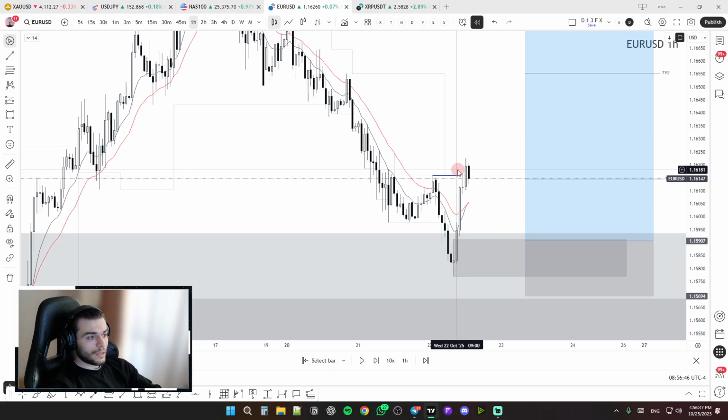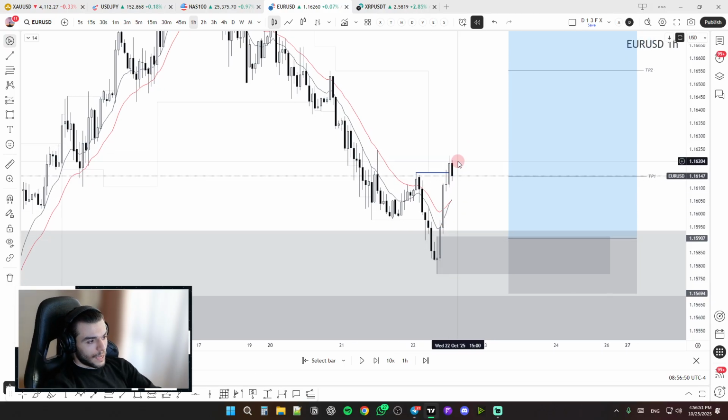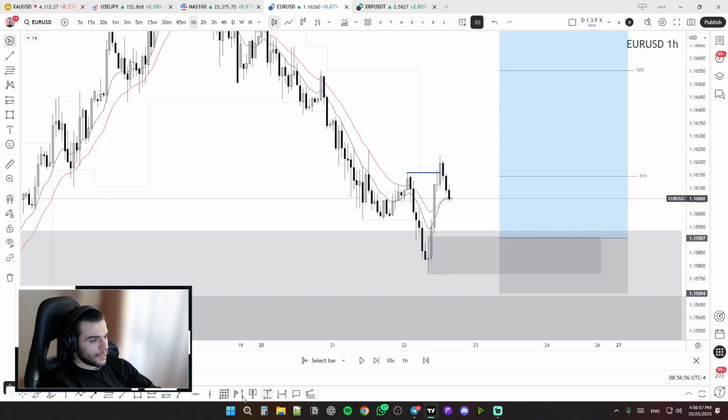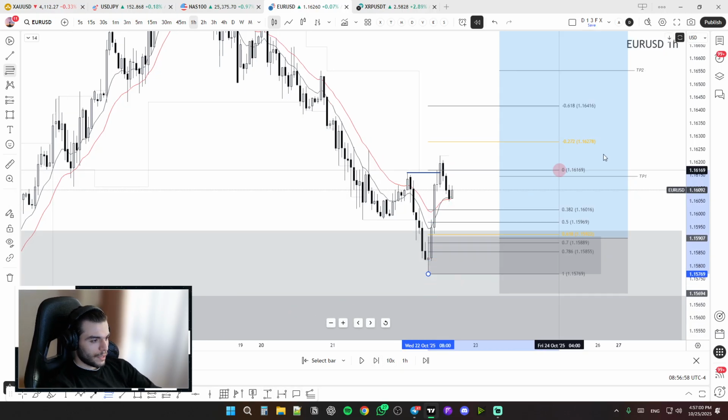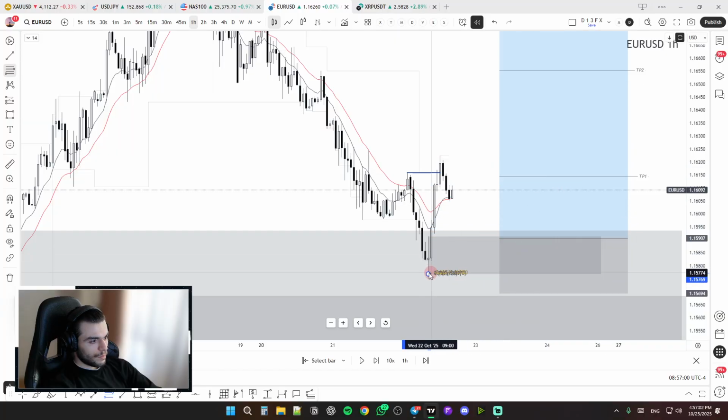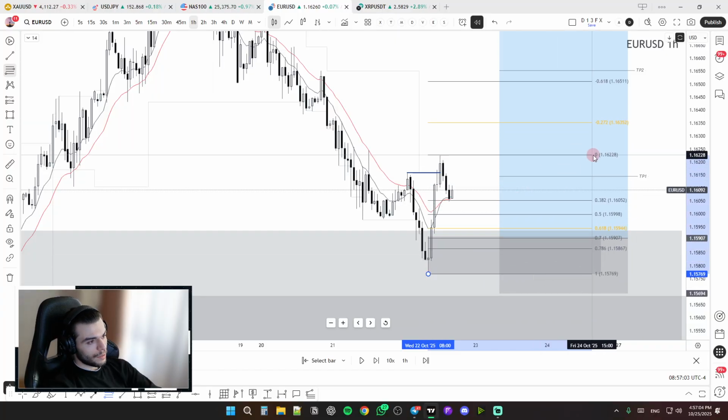I was already happy with what's going on in the market. That's a reaction above 20 EMA, breaking above the structure. So I used Fibonacci for that, from impulse low to the impulse high. And as you can see, there's a 0.7 of Fibonacci, which is optimal trade entry on ICT.